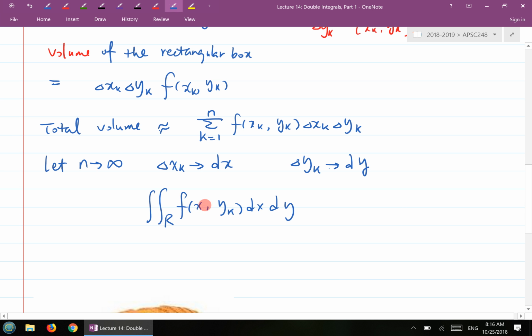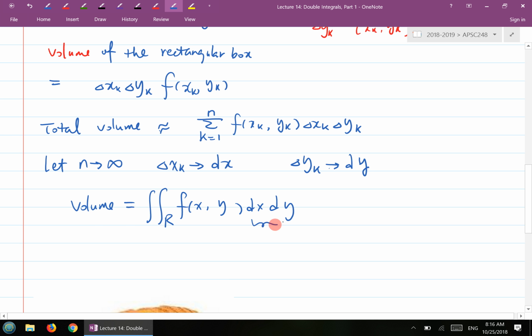So you're integrating this function basically. Sorry, there's a y here, not a k. We don't need the k anymore. So you're integrating this function over this region R here. Okay? So this will be our total volume here.